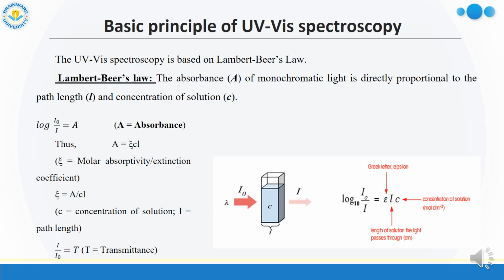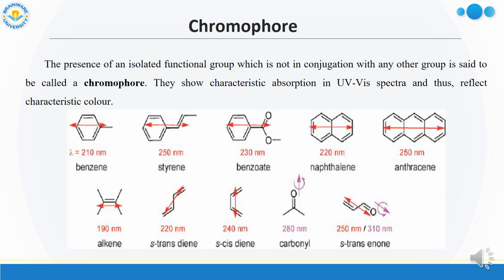Electronic spectroscopy is also known as UV visible spectroscopy, as UV visible light is responsible for this spectroscopy. Now, what are chromophores? A chromophore is an isolated functional group which is not in conjugation with any other group.